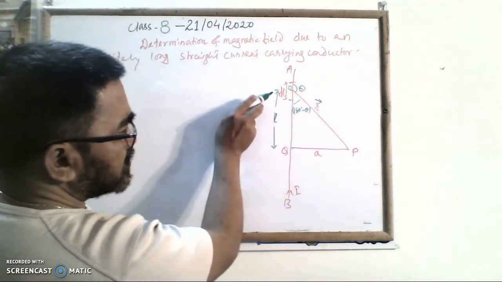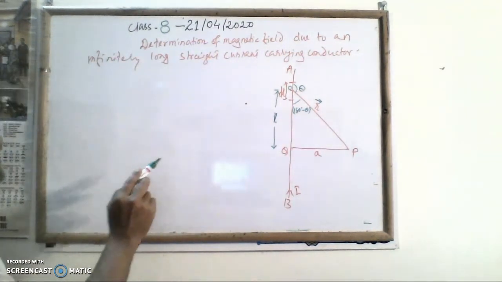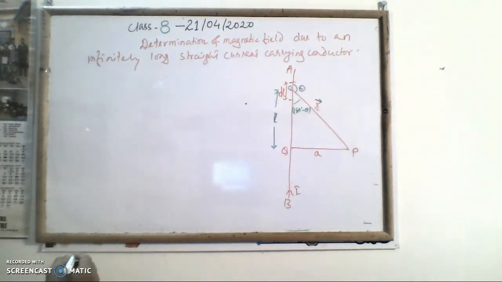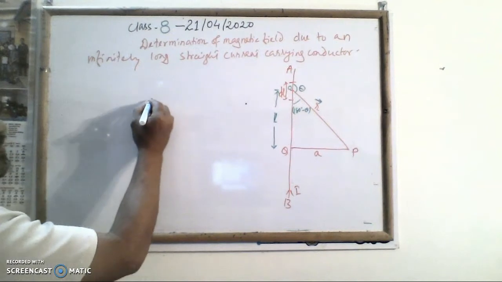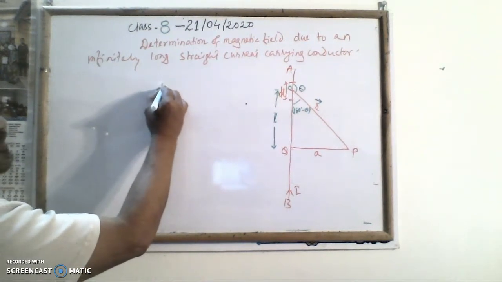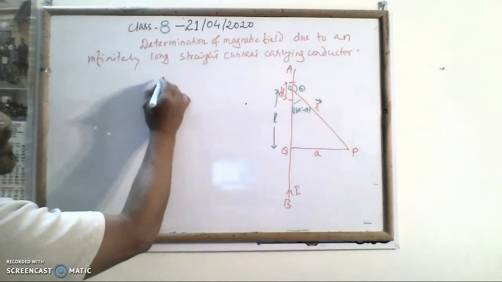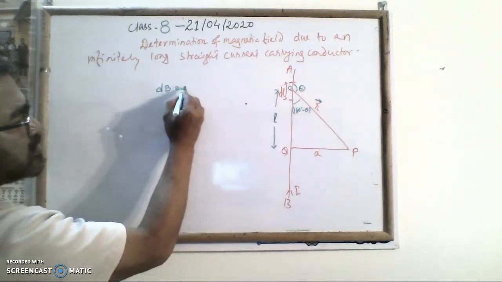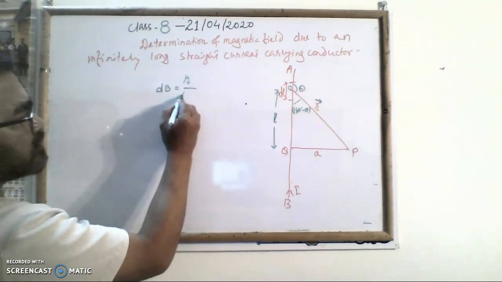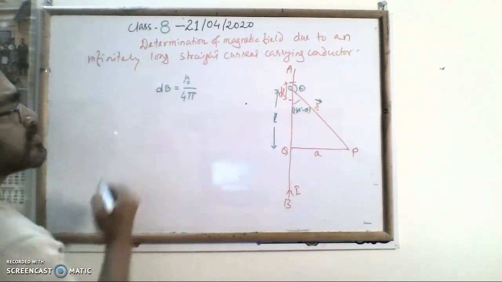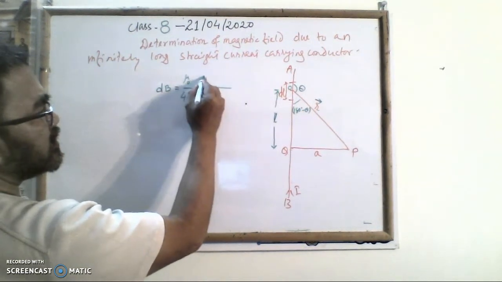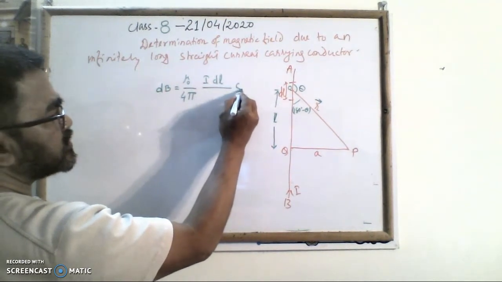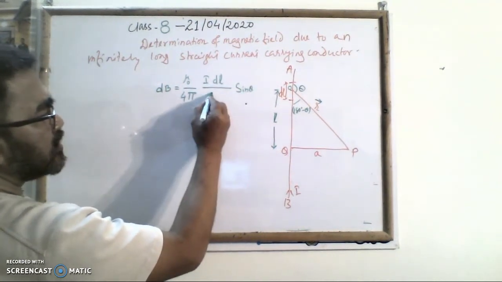Now, for this current element dl, the magnetic field produced at P, according to Biot-Savart's law, will be given by dB. The magnitude of this magnetic field is dB equals mu naught by 4 pi, I dl sin theta by r square.